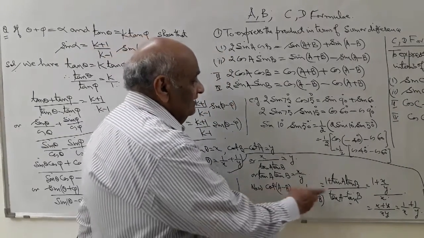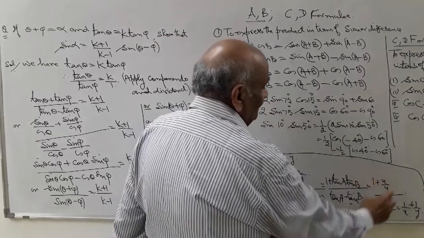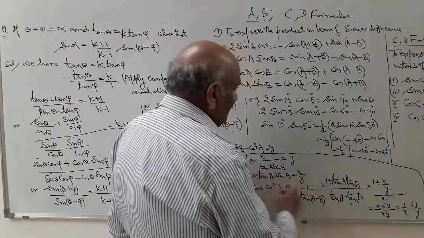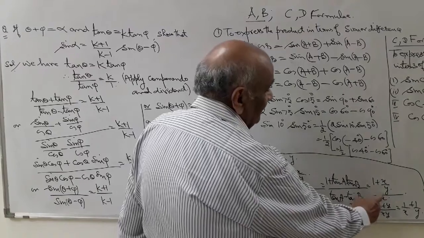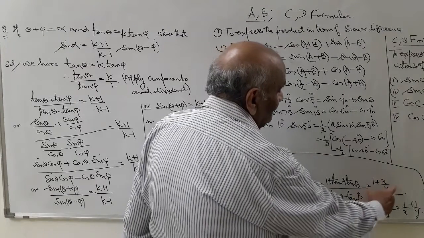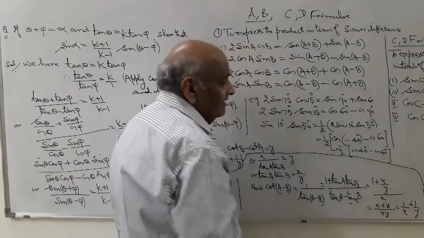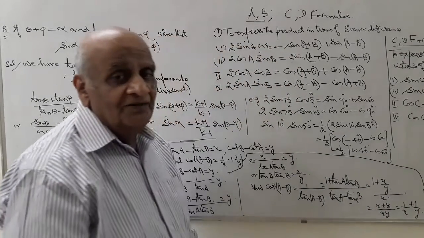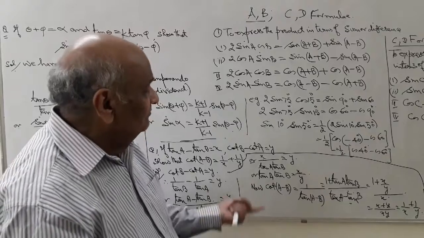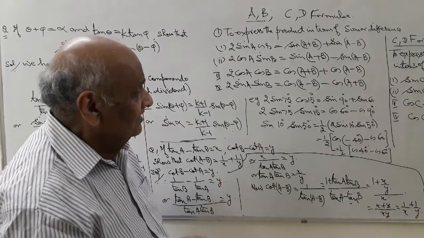Tan A tan B is x upon y, so 1 plus x upon y over tan A minus tan B, which is x. LCM: y plus x over xy. Separately divide, we get the value 1 upon x plus 1 upon y. This we want on the right hand side.